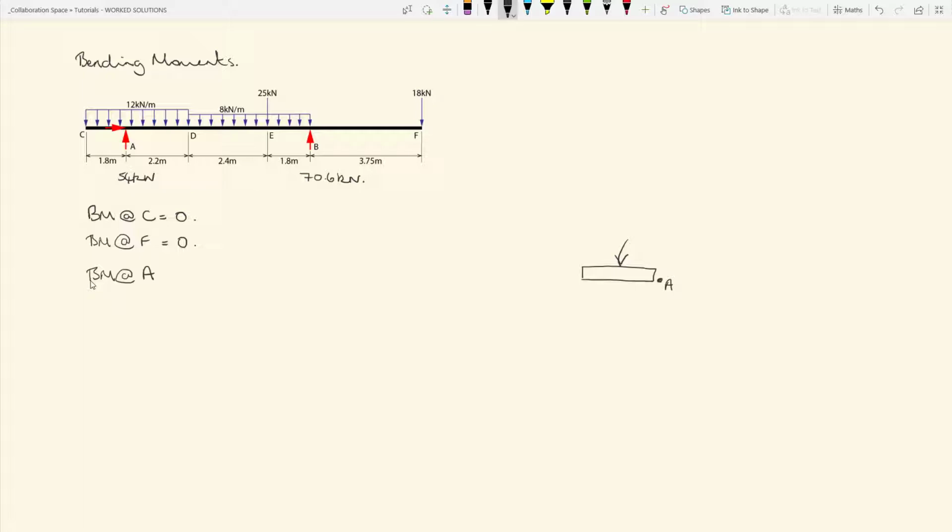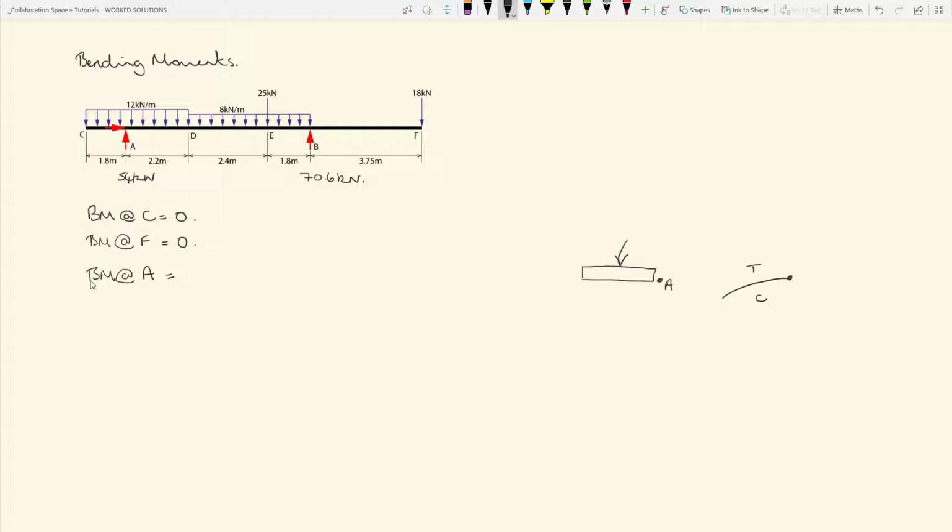So for this beam, the deflected shape of that section of the beam is going to be something like that. It's going to try and bend it vertically down, so you'll end up with tension on the top and compression in the bottom. Tension on the top, that gives a negative bending moment. So a negative bending moment, that is a hogging moment.